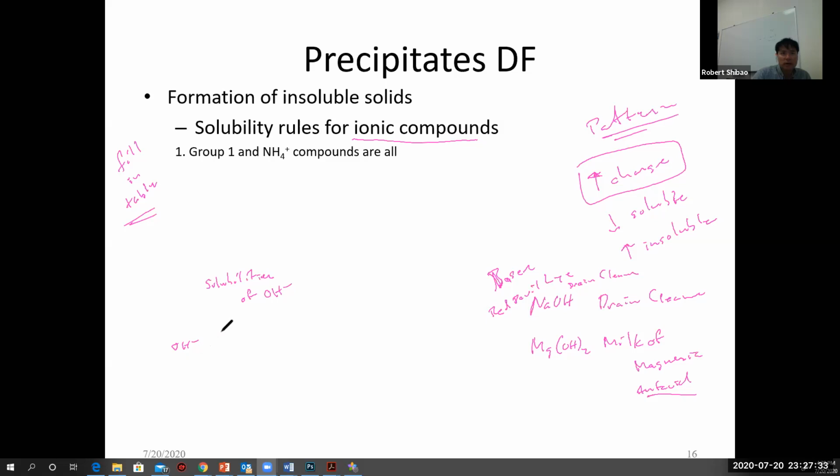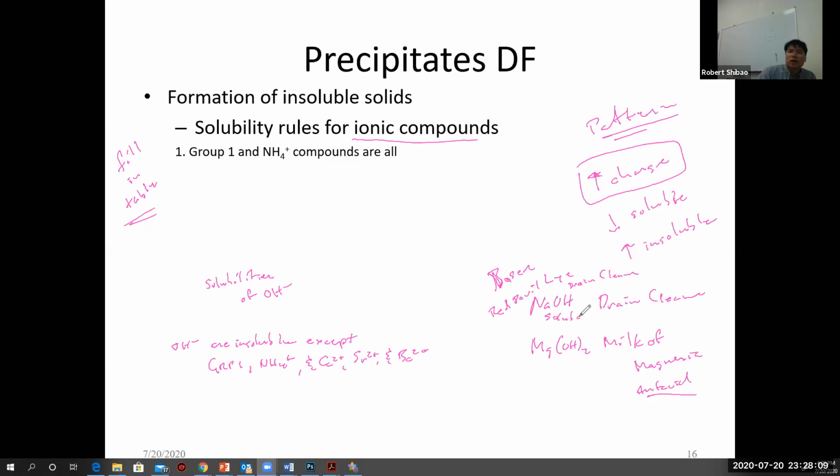I forgot what day, but hydroxides are insoluble, except group 1, ammonium, and calcium, strontium, and barium. Calcium, strontium, barium.